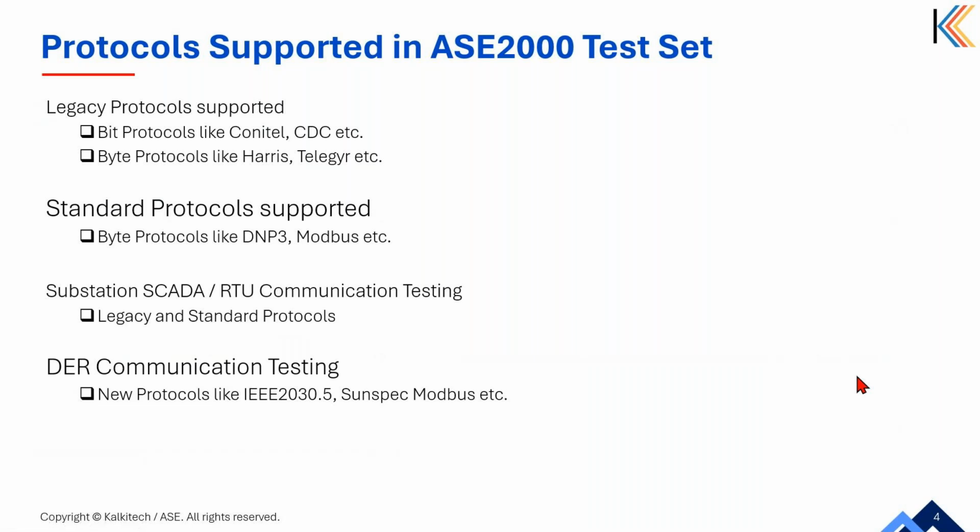As far as byte protocol support, we have specific views that will display user-friendly information as well as the detailed information involved with the transfer of the data frames. ASE 2000 allows you to capture and archive that information as well as share it with your colleagues.